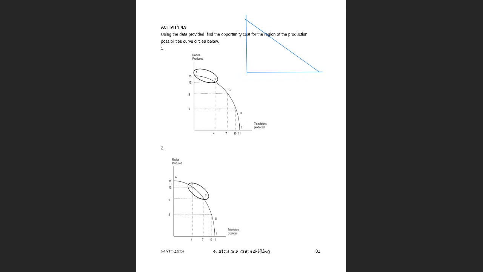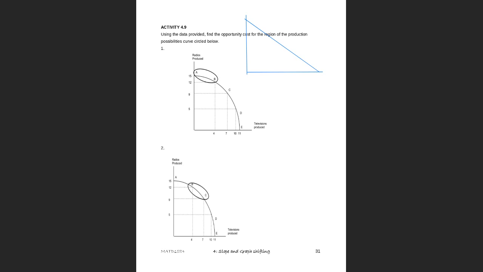So in effect, what I'm trying to say is that opportunity cost is not a straight line, but rather is a curve, and opportunity cost always increases along the curve.